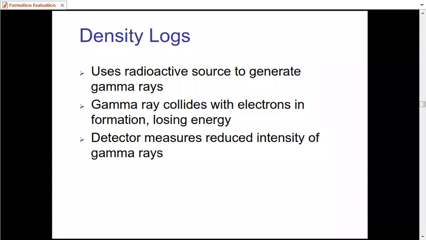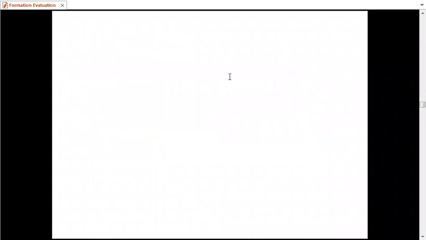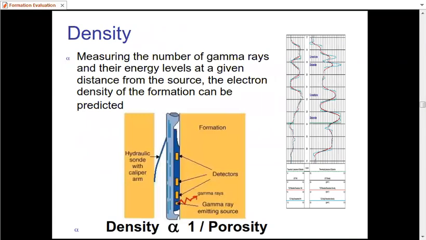So the detector measures the reduced intensity of the gamma rays. The density log measures the number of gamma rays and their energy levels at a given distance from the source, and the electron density of the formation can be determined.